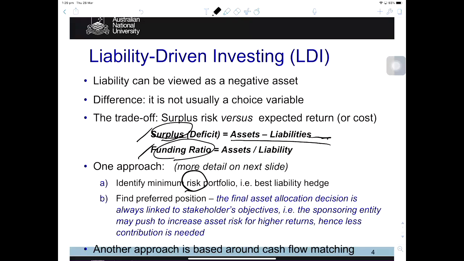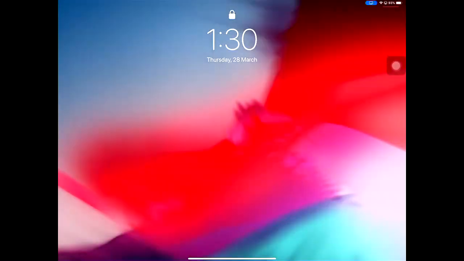And probably for a lot of employees, you have very good information on the salary growth, linked to inflation expectation, and the years they have served the company or the government agency. So under these circumstances, you have much more confidence forecasting the future cash flow. So in this case, the DB fund can have an asset allocation that will match the future cash flow by actively managing their fixed income portfolio.